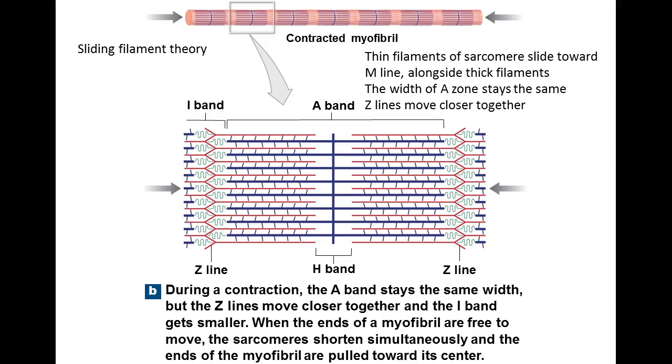So this discovery and this understanding of how a muscle contracts, because you have the thin and thick filaments sliding past each other in a very, very predictable, regular way, was published and understood and studied, and that's what the theory is, the sliding filament theory.